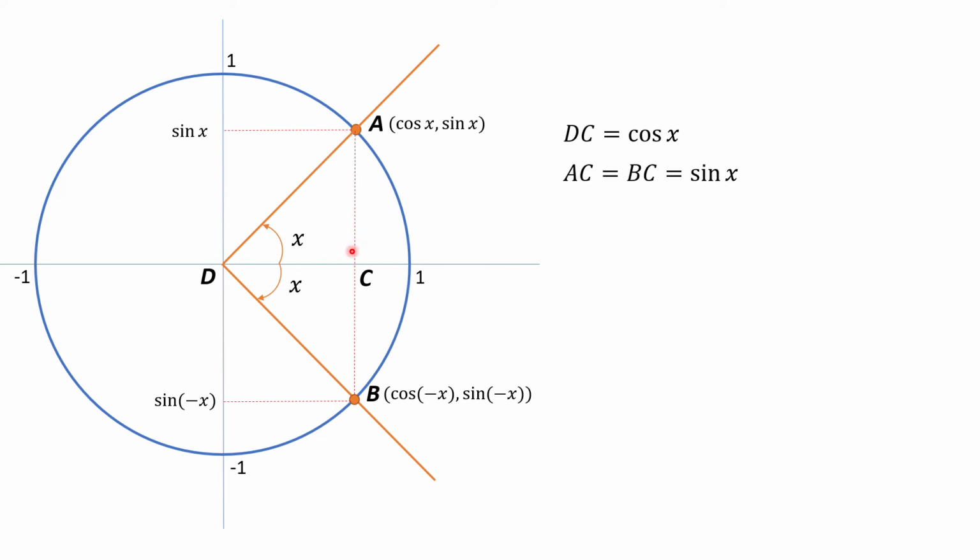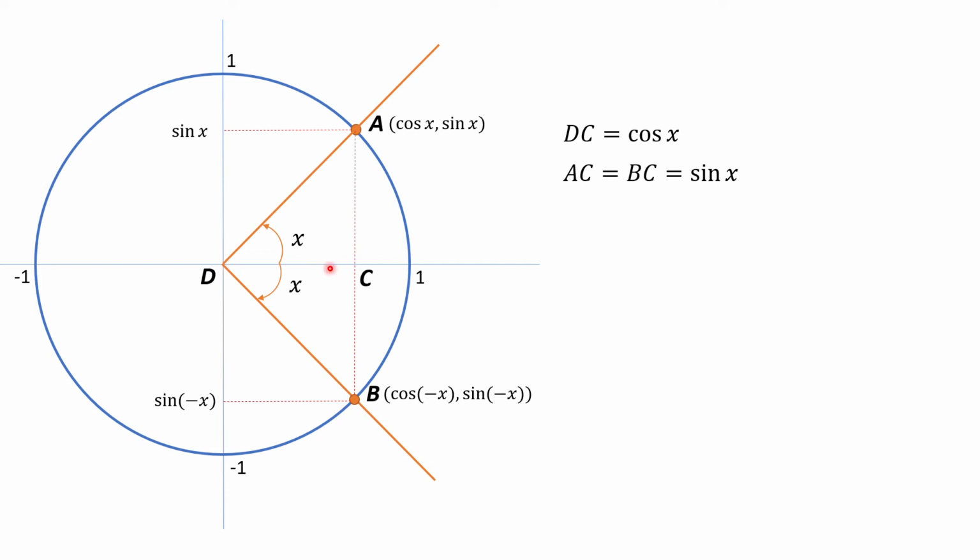Also, from the definition of sine for right triangles, we know that AC equals BC and equals sine x. Now, if we look at the horizontal coordinates of point A and point B, we see that they're supposed to be the same.